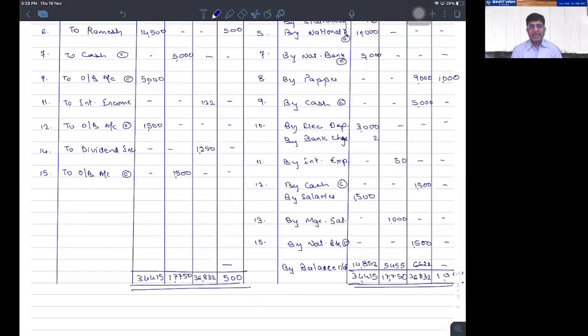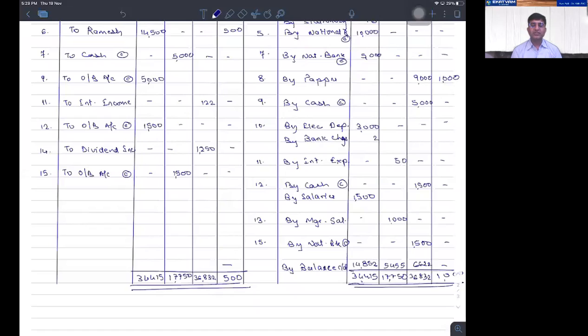In fact, with this cash book we have finished the concepts related to the subsidiary books. अरे शिवम, the discount column we have not balanced. अगर हमने बैलेंस किया होता तो दोनों का हमने टोटल मैच किया होता, but because we have not balanced it, we are going to do the posting of the discount column on the debit side separately and the discount column on the credit side separately.